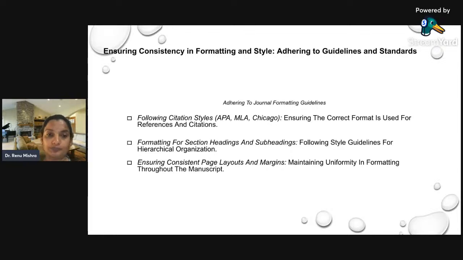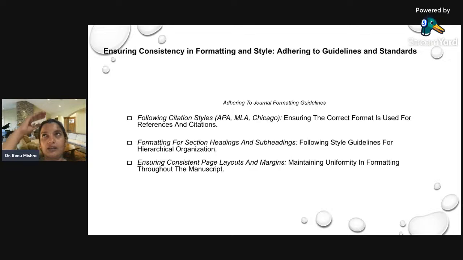First and foremost, whatever the journal guidelines are, be it font size, line spacing, paragraph spacing, and most importantly, referencing style, citation style, subheading, labeling, numbering, figure labeling, please follow them.